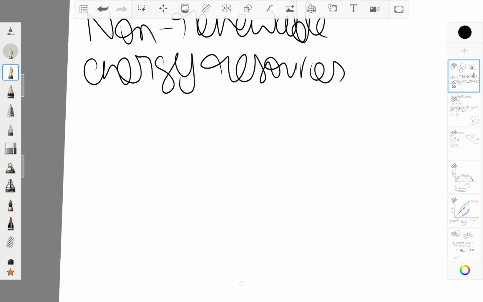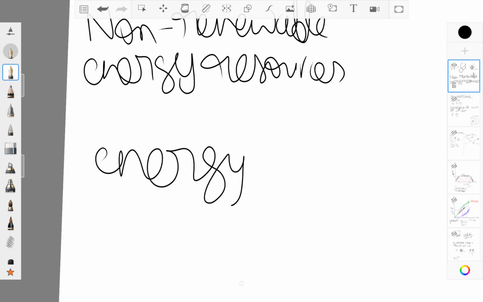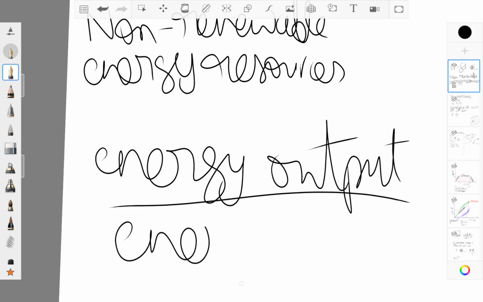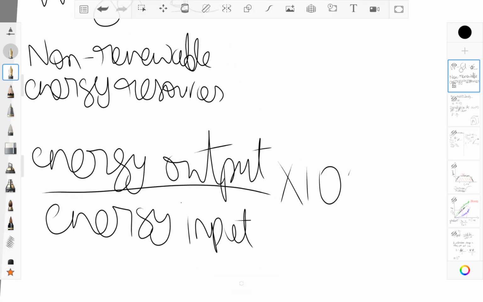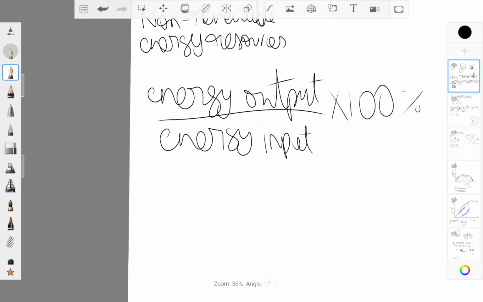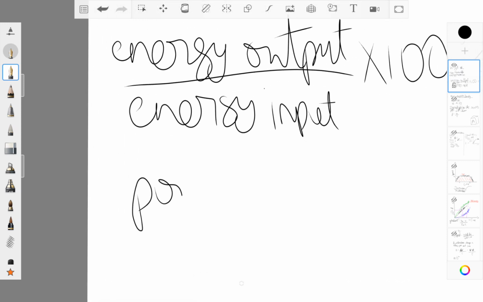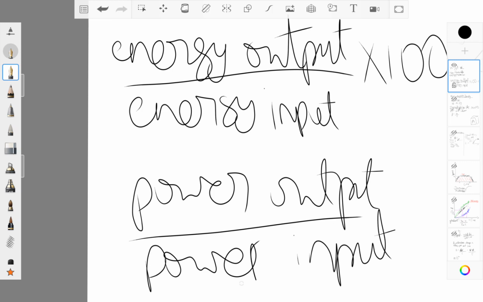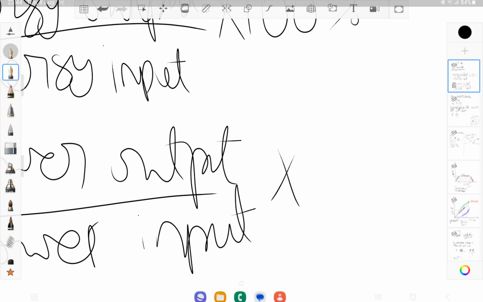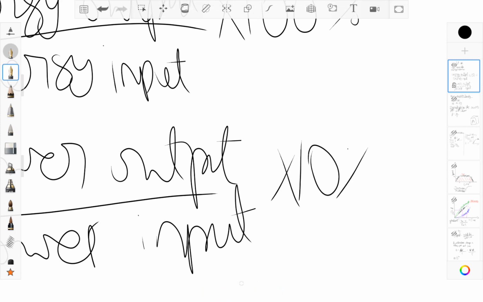You can either do energy output over energy input times 100%, or you can just do power output over power input times 100%. So again, energy is in joules, and in both cases it's output over input times 100%.